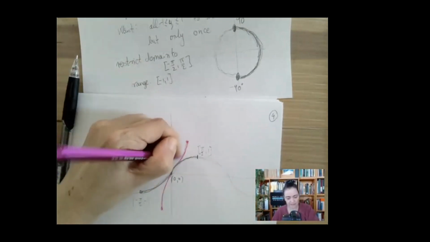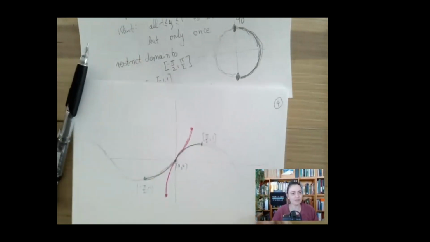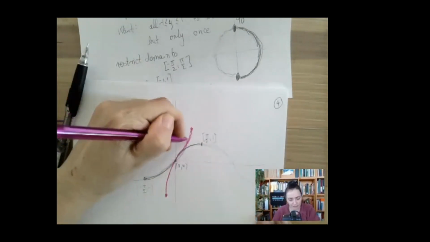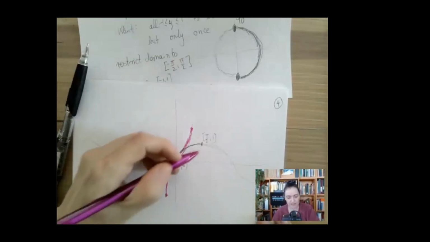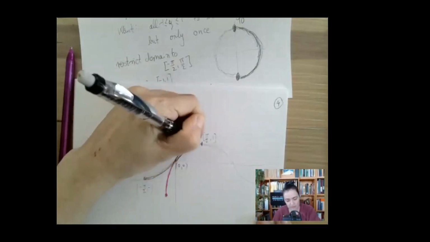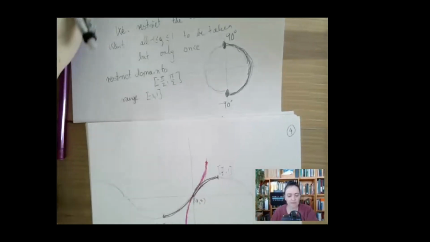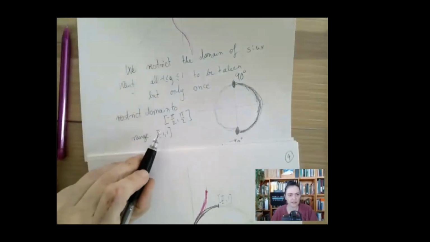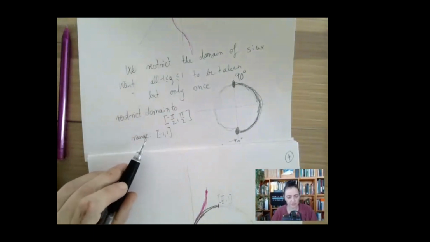I refer to this mental image as a pathetic little sliver. It's just half of this shape really, and then half of this shape. These two meet only at the origin, so I kind of messed up the picture. And so we restricted the domain to -π/2, π/2, and the range is still -1, 1.